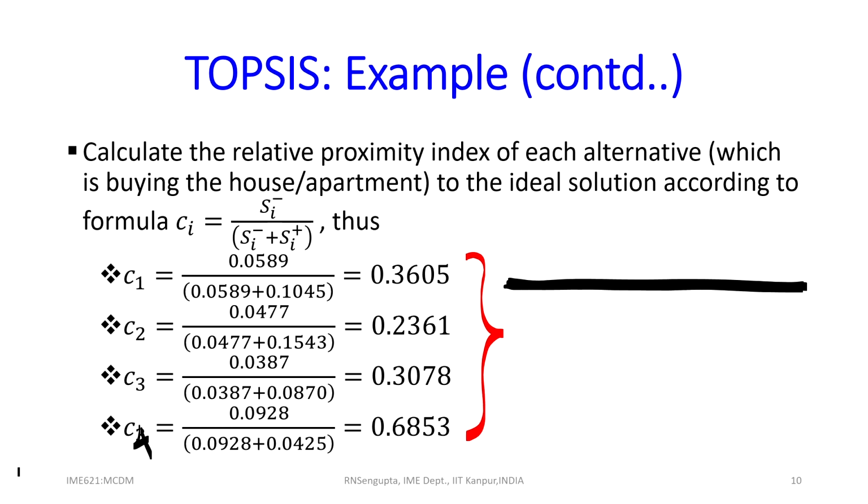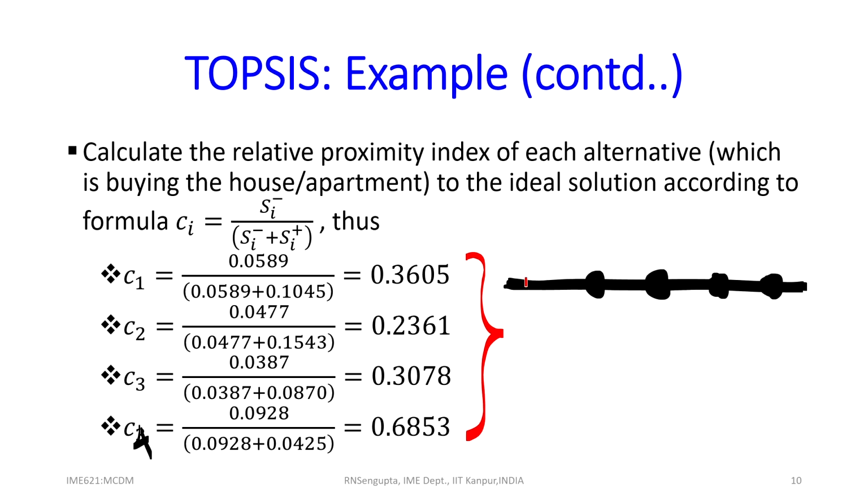I will mark them one by one: 1, 2, 3, 4. The ratio for this case was about 0.68, which means if I am looking from the negative point of view, the distance between the negative one and the ratio is the highest, which means it is more onto the right hand side. More 0 means onto the left hand side, which is the negative point. I am only considering the negative side.